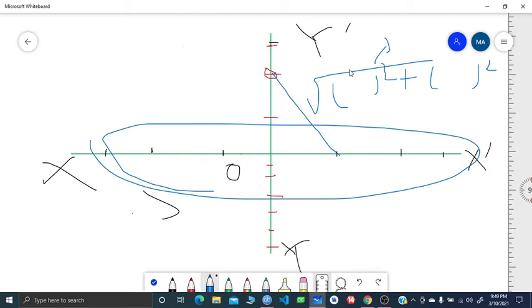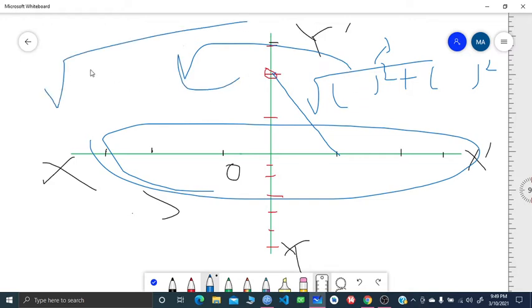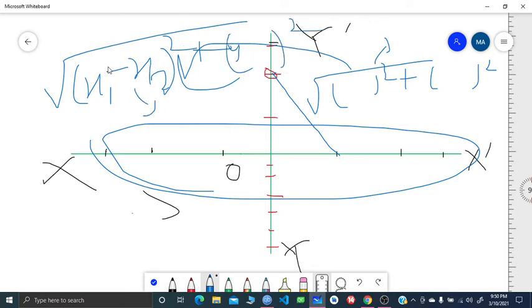That's obvious because, in the power counting operation, you compute x1 minus x2 whole square plus y1 minus y2 whole square. You actually square it, so does it matter if it's plus or minus? It doesn't matter at all.